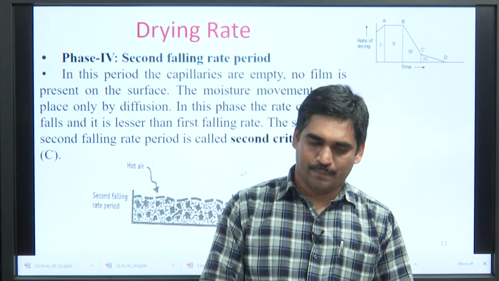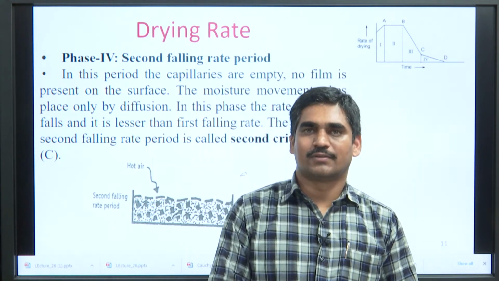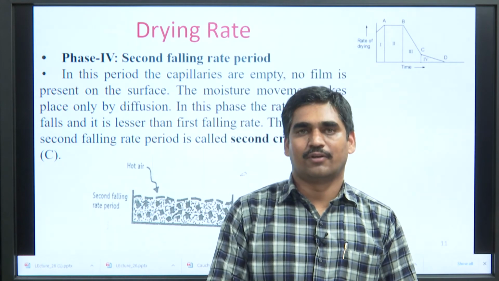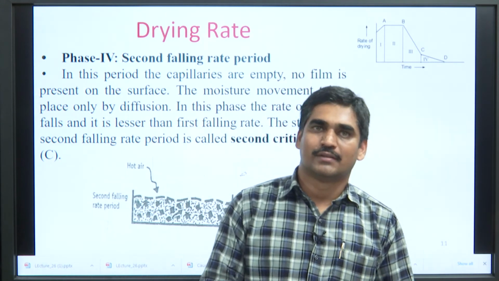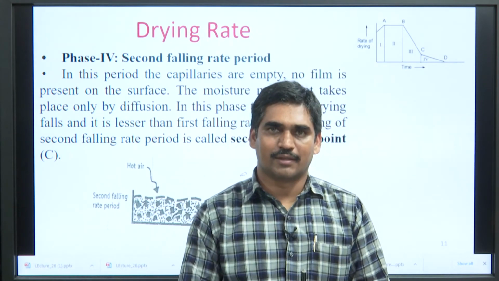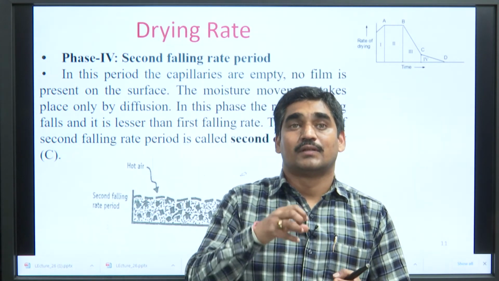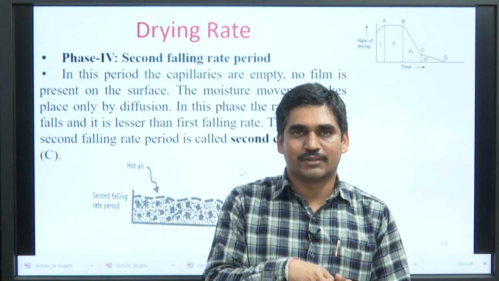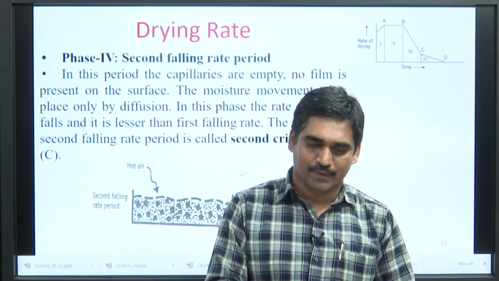Phase 4 is called the second falling rate period. In this period the capillaries are empty, that means no film is present on the surface.